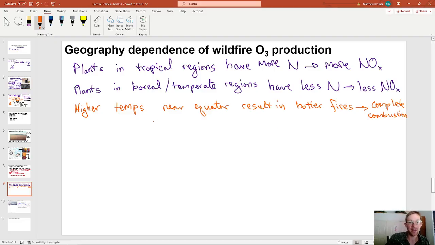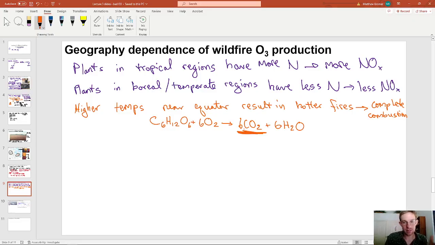What I mean by that is, in the tropics, our generalized chemical reaction for wildfire burning is mostly true. The chemist in me wants to balance this, so I'm just going to do it. So this reaction is mostly true. The warmer temperatures allow for more complete combustion, so more just CO2, which, remember, is not considered organic carbon.